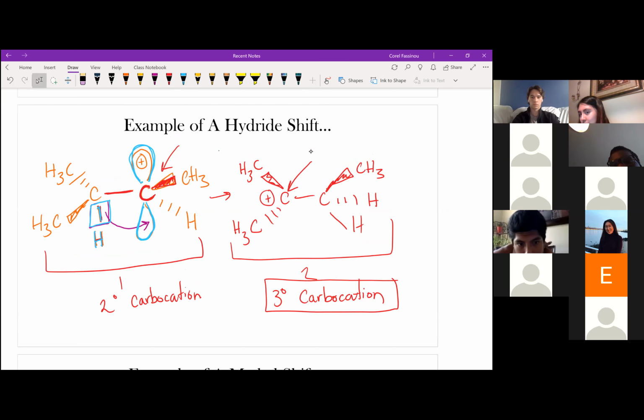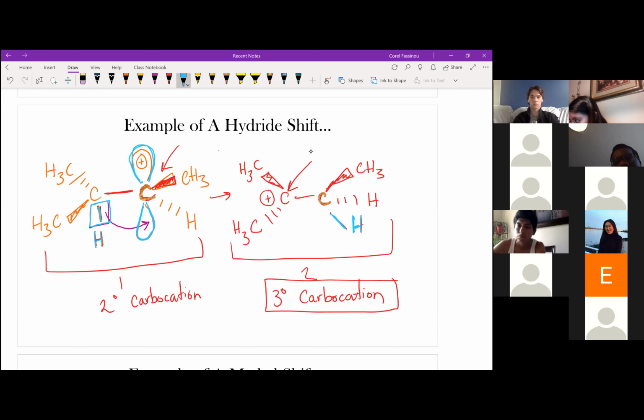In this hydride shift, we're not only moving our atom, we're moving the hydrogen to the other carbon, but we're also moving the electrons. So with a hydride shift, we're moving both atoms and electrons, versus a resonance structure, where we're only moving the electrons. Does that make sense? Yeah, it does.